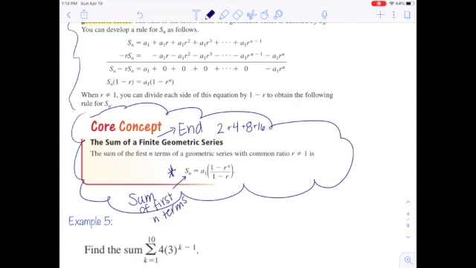Okay, is equal to your first term. And then, of course, our r is our common ratio. And this n is, of course, our nth term, or our term number.